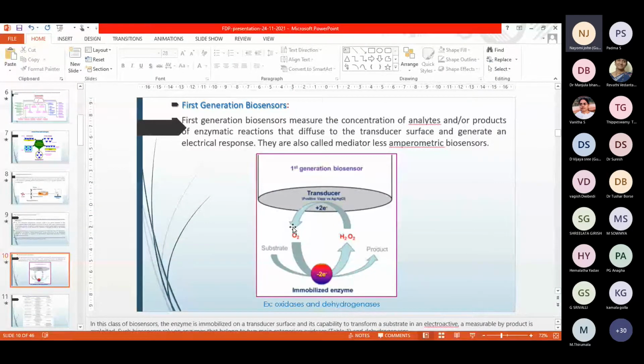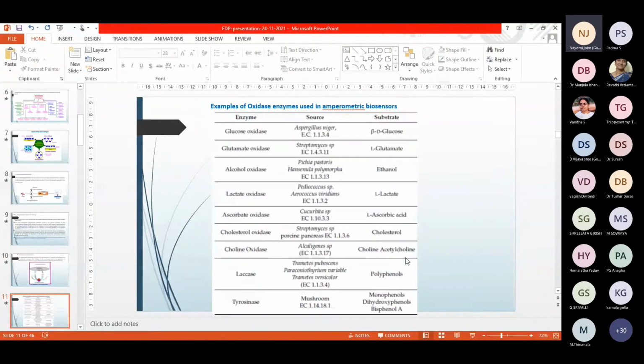So there is a change in the electron concentration, nothing but a change in the current. So that will be sensed by the amperometric biosensors. That is the first generation biosensors, and there are many examples given here for the first generation enzyme biosensors: glucose oxidase, glutamate oxidase, alcohol oxidase, lactate oxidase, laccase, tyrosinase.